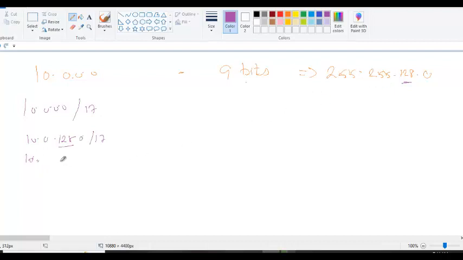You understood? Now, next, again increment by 128 here. So 10.1.0.0. Next is, sorry, 10.1.128.0. Again, you are incrementing by 128, right?